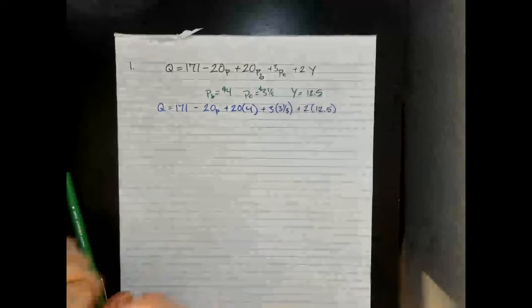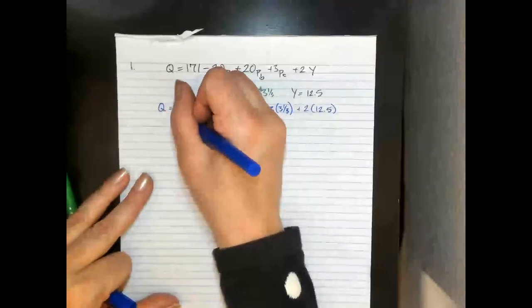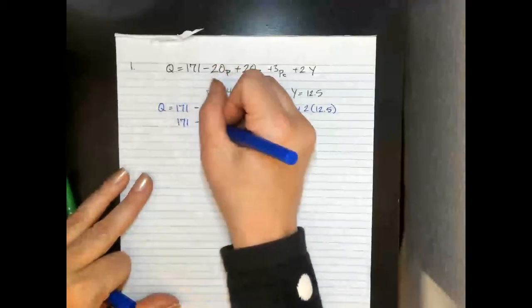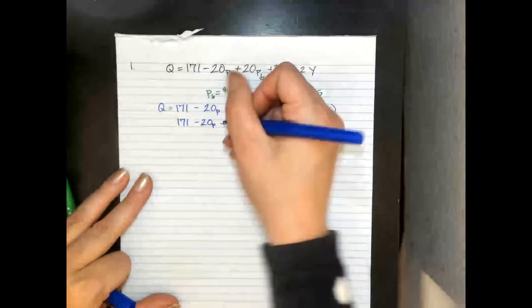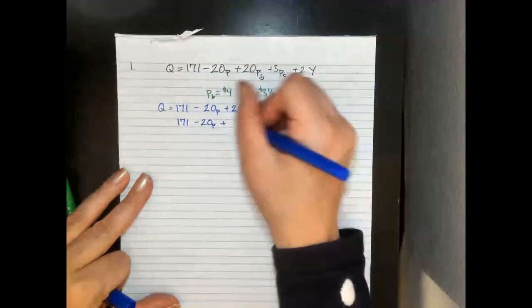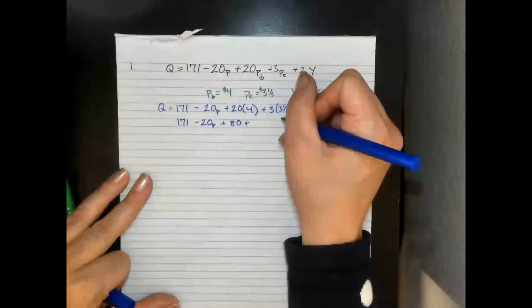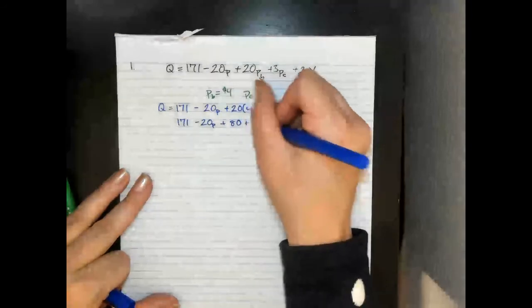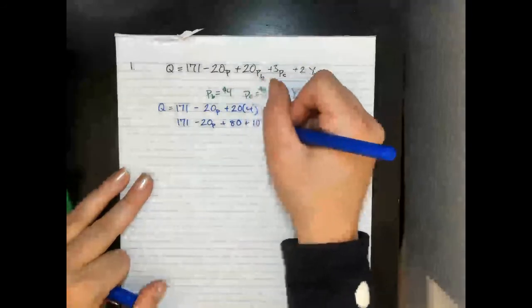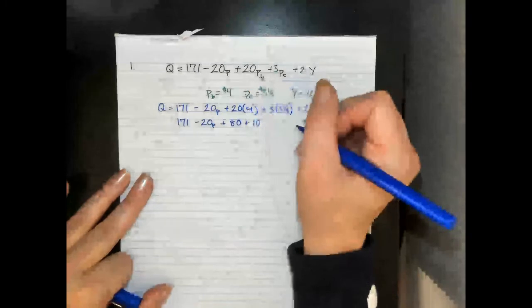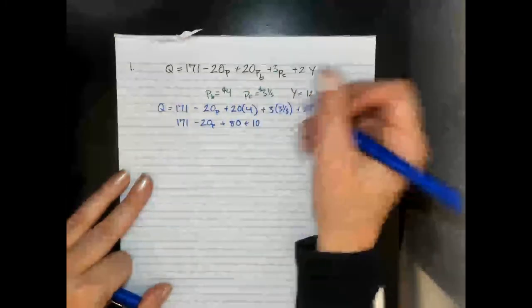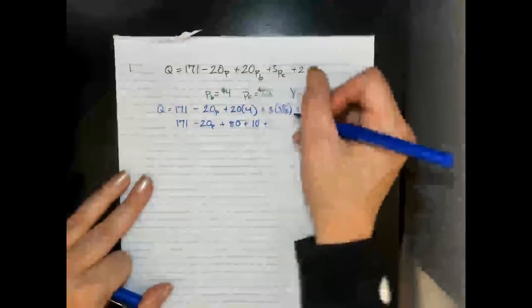So we can go through and calculate that: 171 minus 20P plus 20 times 4 is 80. 3 times 3 1/3 is 10. You can also do 3 times 3.333 and get 9.99 and round up. And then 2 times 12.5 is 25.